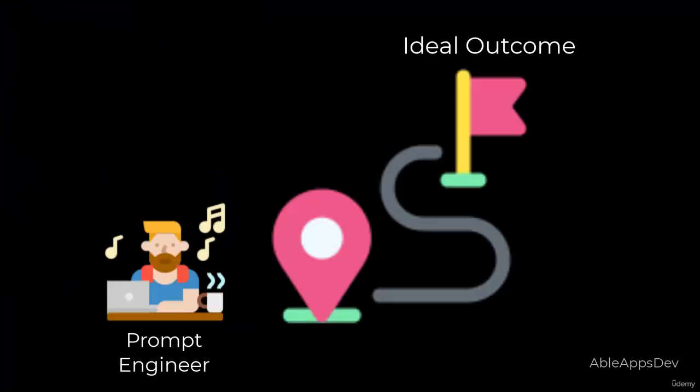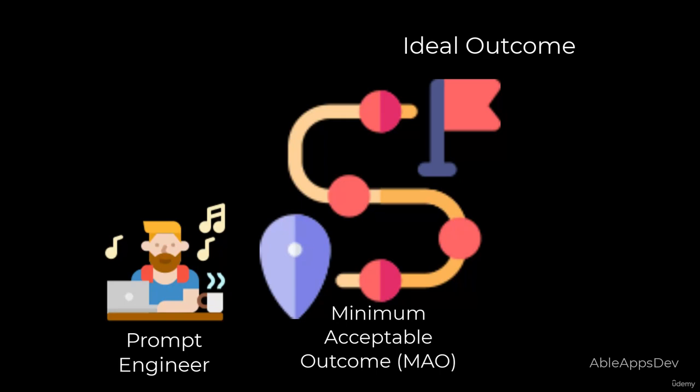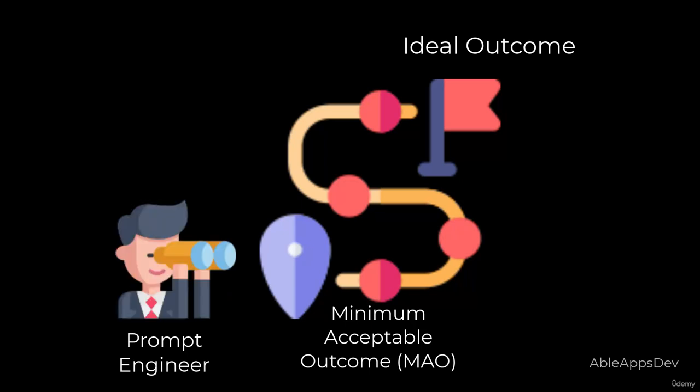A prompt engineer will have an ideal outcome. So the process begins by defining a minimum acceptable outcome, or a MAO, and then the prompt engineer tries a couple of things, tries a couple of words, a combination of commands, data, context, and every time it communicates the information to ChatGPT, it gets a result, and then it measures the results.